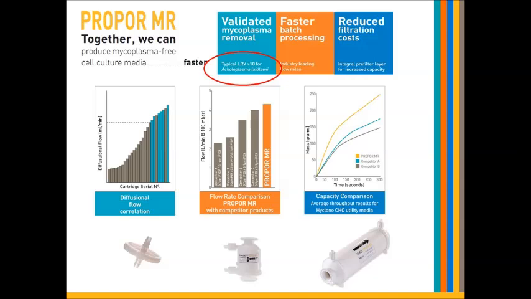So instead of 10 to the 7th log reduction value, you're garnering about 10 to the 10th or better against the laidlawii organism, and that's in our validation guide.